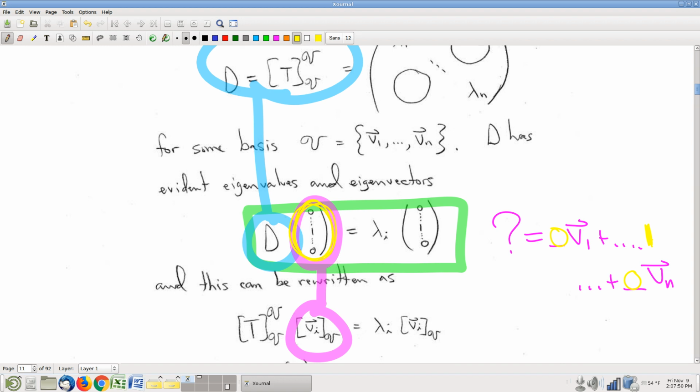Well, Vi. Vi is that vector. So Vi is the vector that's being described here in the script V language with these numbers, that are again mostly zeros.